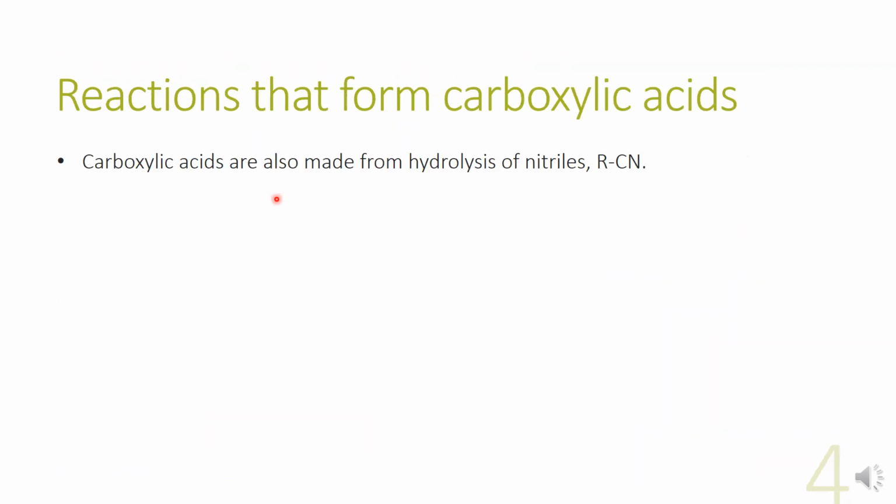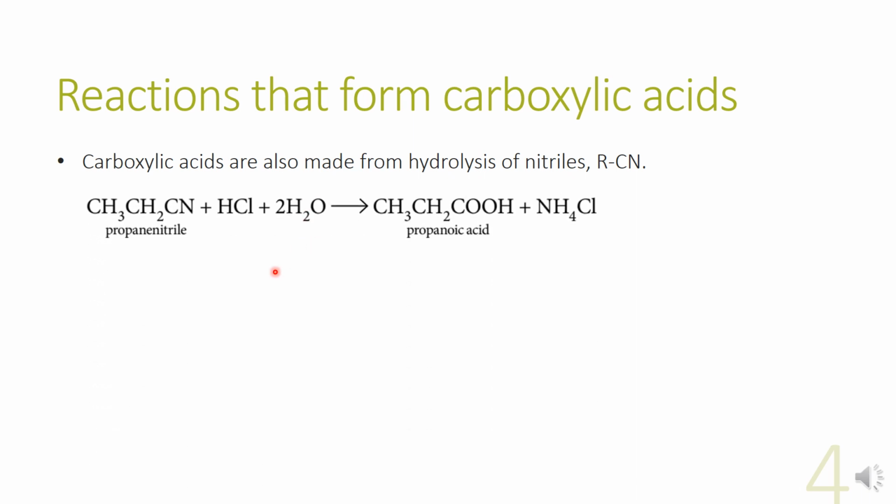Okay, the next one is the reactions that form carboxylic acids. We already learned this. We can make carboxylic acid from the hydrolysis of nitriles. Hydrolysis means that there is the presence of water, right? So this water will react with the nitriles. So let's see.